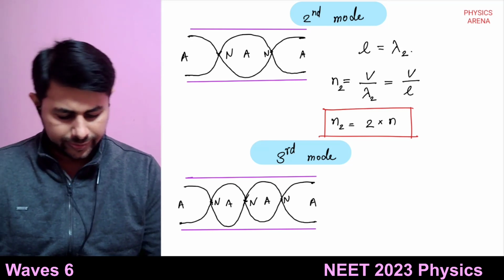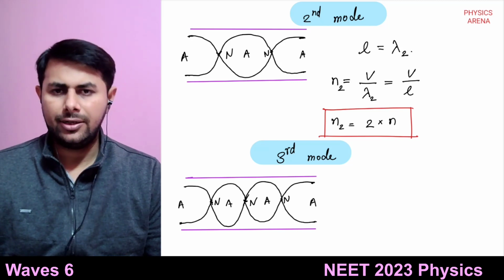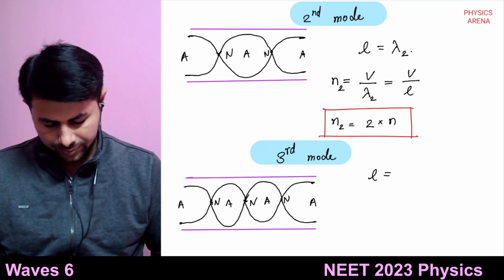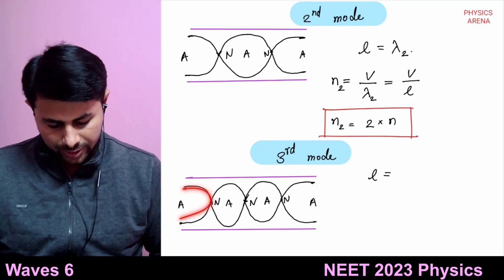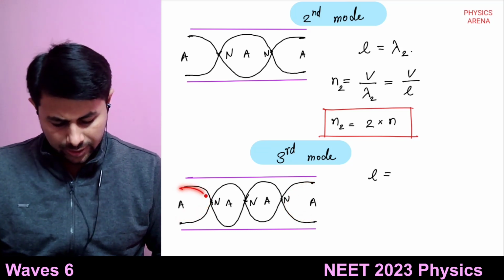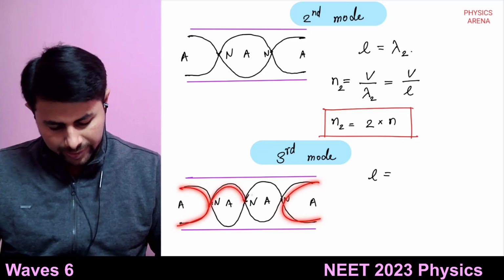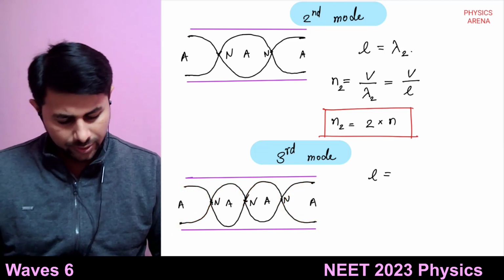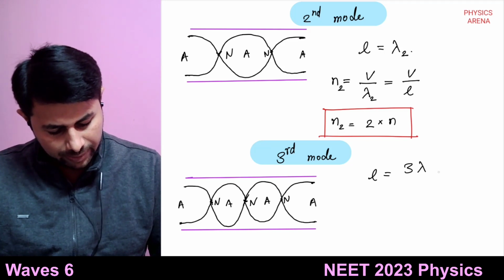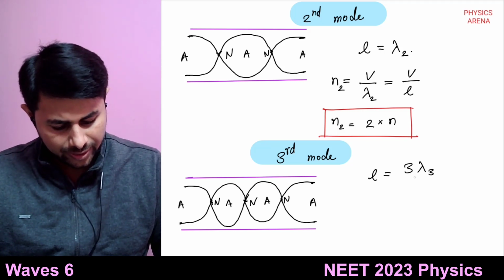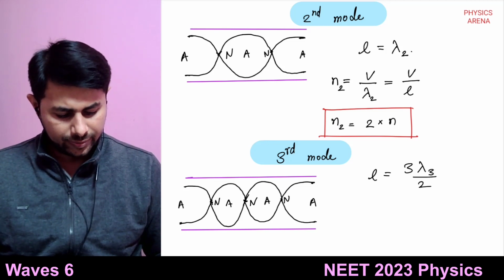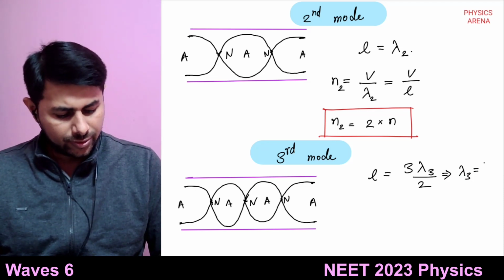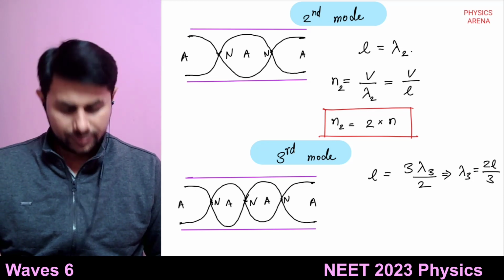So now what is the relation between length and the wavelength in third mode? Here L is equal to 3 lambda by 2. This is lambda by 2, this is lambda by 2 and this is lambda by 2. So it is 3 lambda by 2. So L is equal to 3 times lambda 3 divided by 2. Therefore lambda 3 is equal to 2L upon 3.